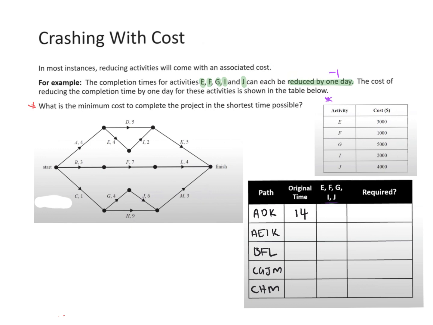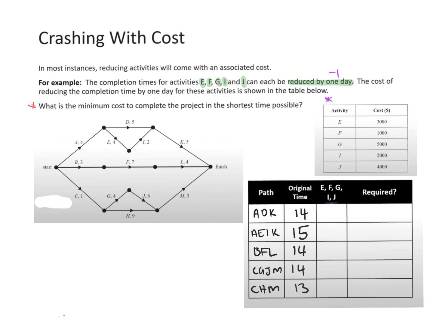So I'll go back to A, E, I, K would be, what's that, 14? No, 15. Sorry. B, F, and L is 14. C, G, J, and M is 14. And C, H, and M is 13.